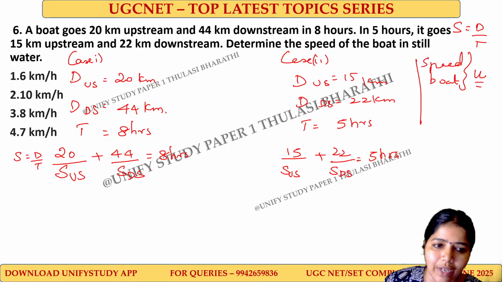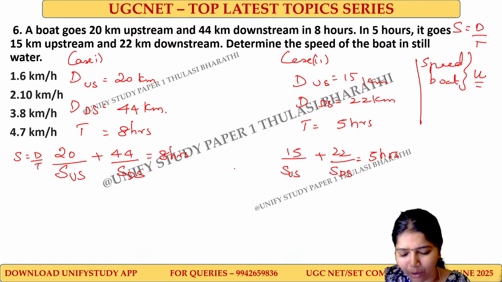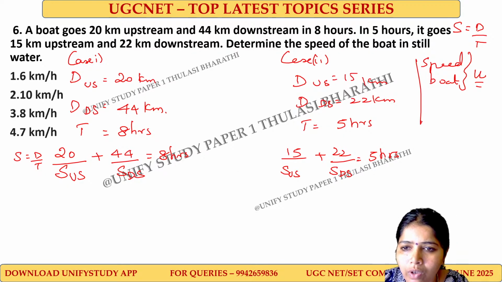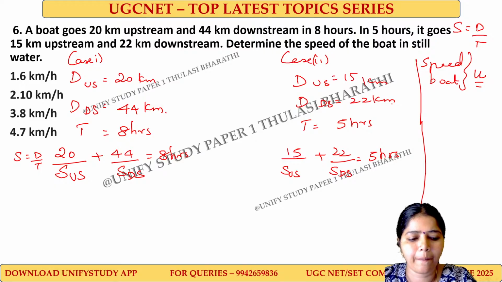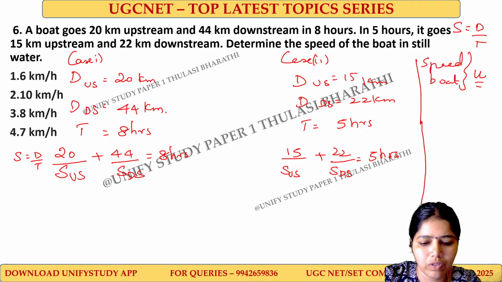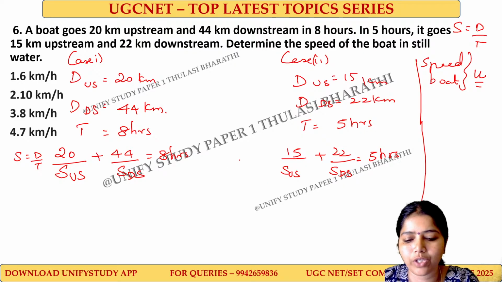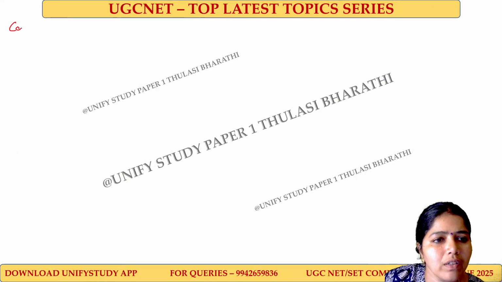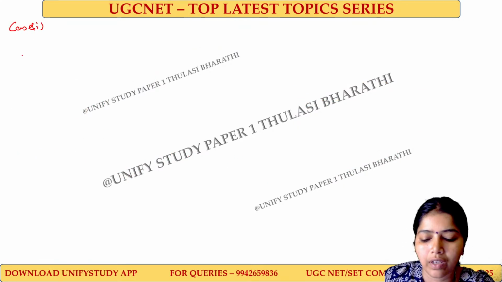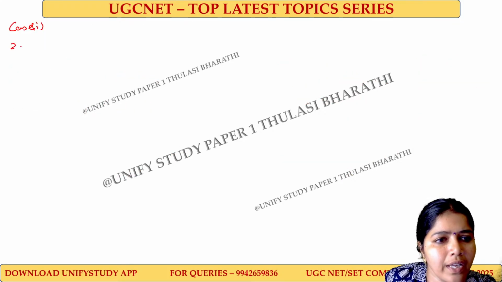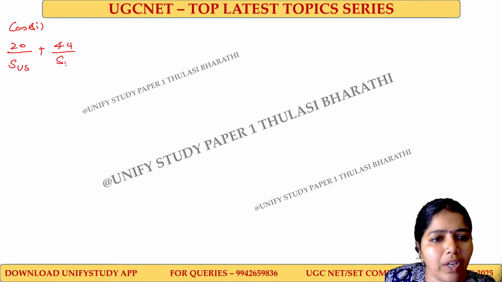Now we have to calculate. So what we can do, we have to take LCM and all those things now. So I have made a small twist here. You can just note it down. Here on one side, I'll take a new page. So for case 1, what is there? 20 divided by the speed of the upstream plus 44 divided by the speed of the downstream, that is equal to 8 hours.